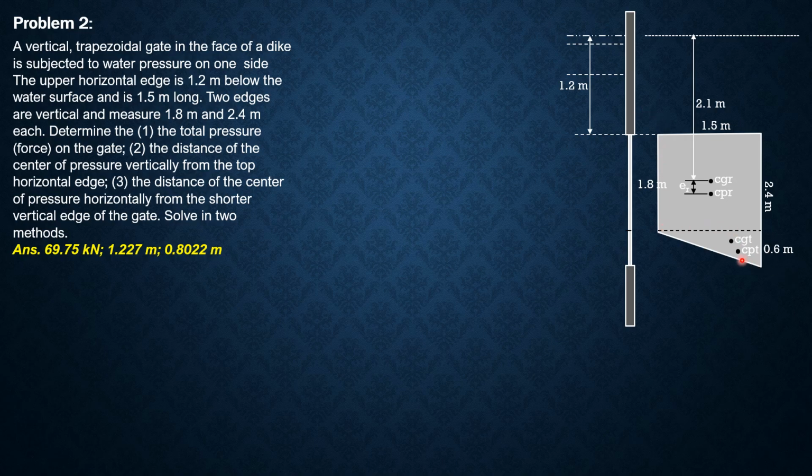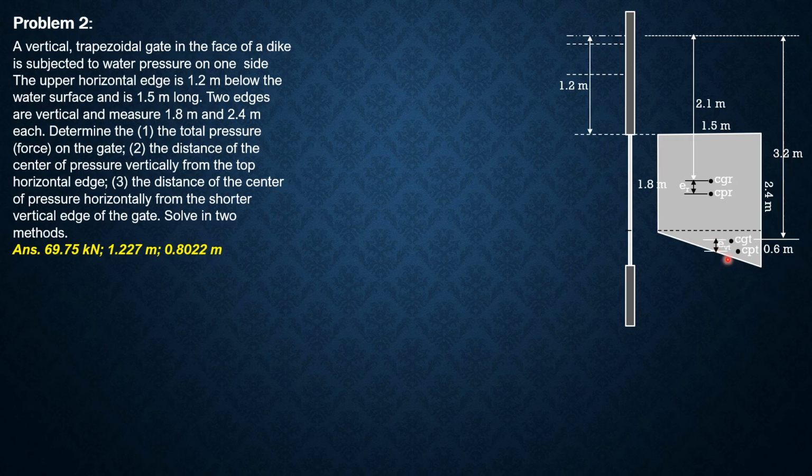So the location of the center of pressure is not directly below, it's somewhere here to the right, and we need to solve for the vertical distance between them before we can solve the length of the line through the center of pressure, and the midpoint of that line is also the center of pressure. So that's why this is h-bar of the triangular part, 3.2.